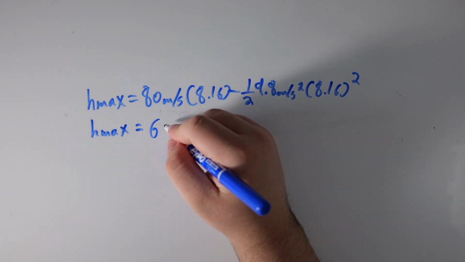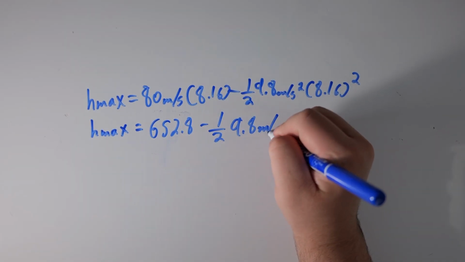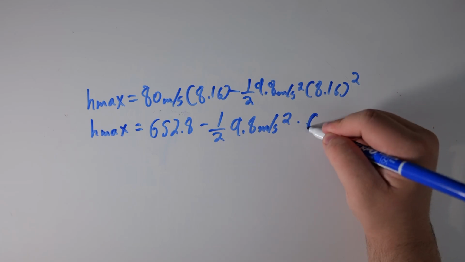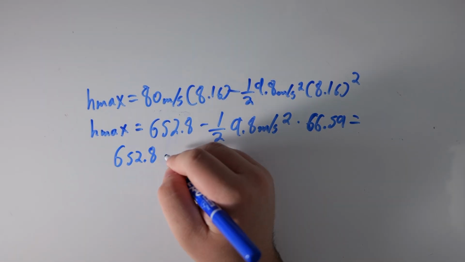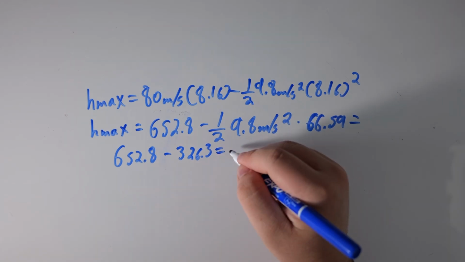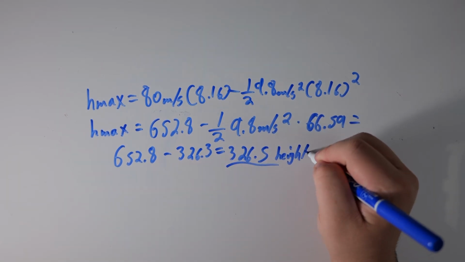We would get 652.8 minus 1/2 times 9.8 meters per second squared times 66.59, which would equal 652.8 minus 326.3, which would then equal 326.5.